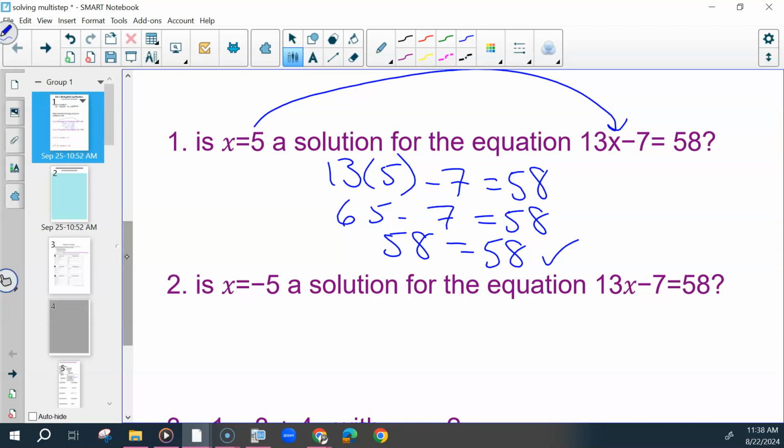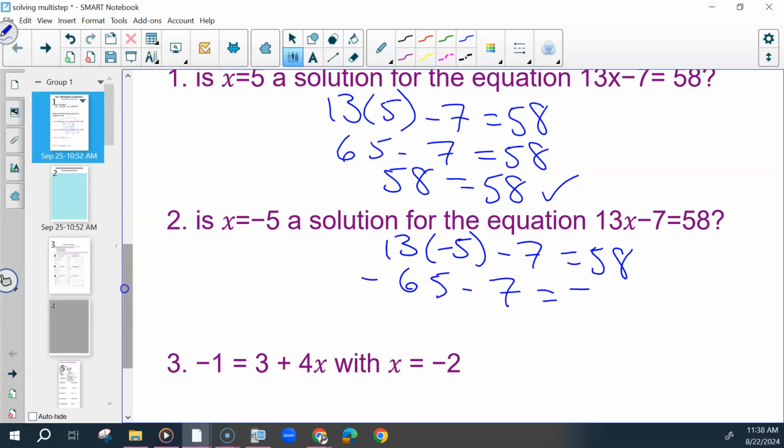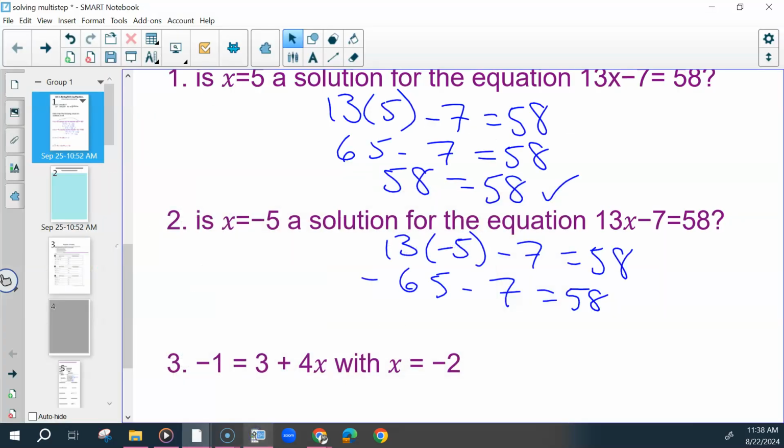Okay. So we know that 5 works. So obviously negative 5 is not going to work, but we're still going to check it. If I do this, then I would get negative 65 instead of a positive. In the calculator, when you type in a negative, make sure you're using this button, not this one, because one is for subtraction, the other is for negatives.